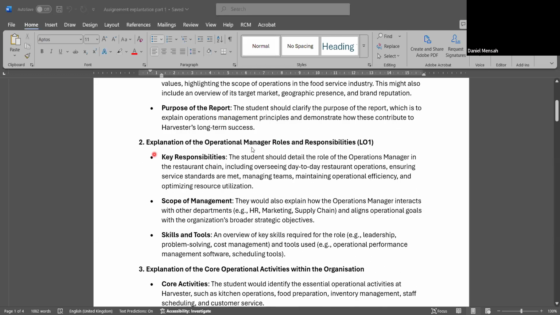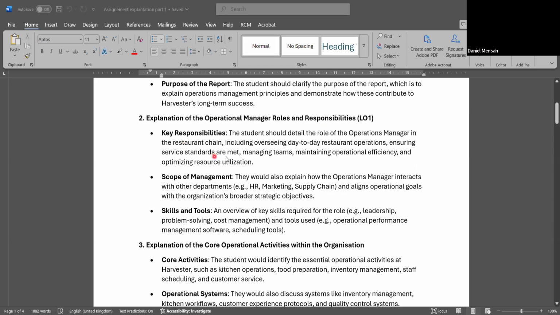Then explanation of the operation manager's roles and responsibilities. You can explain what kind of responsibility the operation manager has to perform and the scope of management. So in this part, you are going to explain how the operation managers interact with other departments like HR, marketing, and supply chain, and align operational goals with the organization's broader strategic objectives.